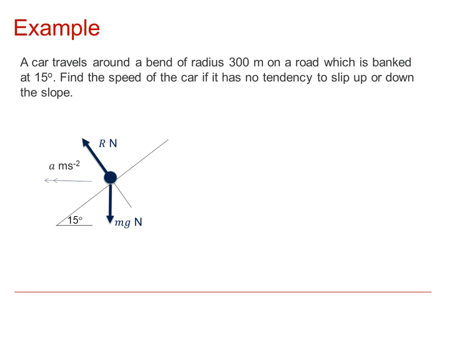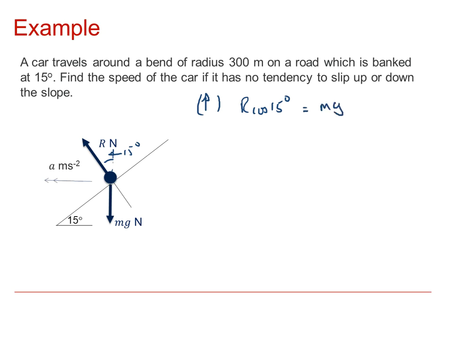So we can solve this by resolving. First of all, let's resolve vertically. If we do that, we can see that the component in the vertical direction, this angle here, will be 15 degrees. So R cosine 15 degrees must be equal to the weight mg.